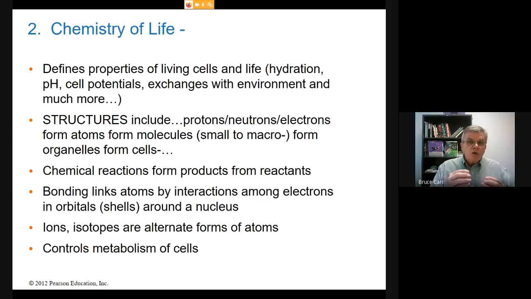We're going to talk about chemical reactions, how atoms are held together, and how atoms bind with each other to produce molecules, starting with small, simple molecules like water. When I say a small molecule, I mean a molecule that has a definite formula. H2O, that's always water.